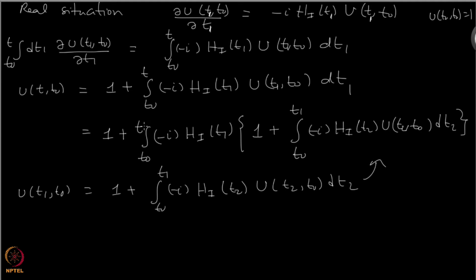So up to here this was the same, and when I got u, I replaced it with 1 plus this and this, correct. So now what I will do is I will take this one and again make this replacement, but this time I want t2, so this becomes t2, this is t2, this dummy variable I should change to t3, and then substitute in here.